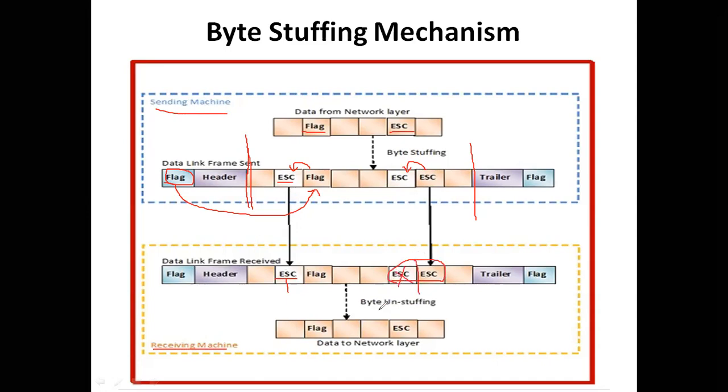That means we take out this escape and also this escape. So immediately we get the same field, which we can consider the payload field. So that can be considered the network layer data. See here, the same thing we can transmit to the network layer.